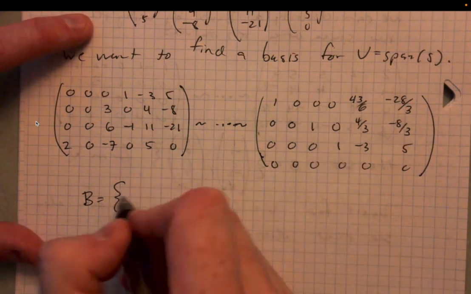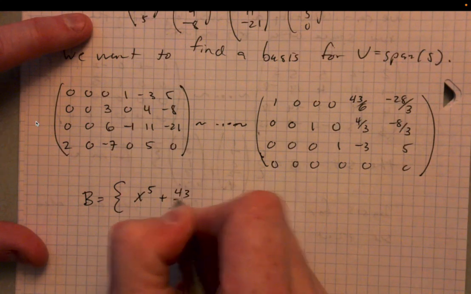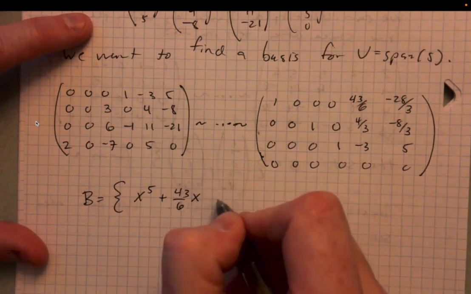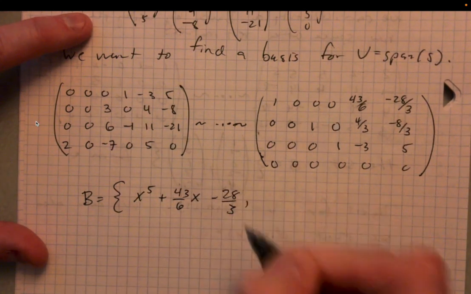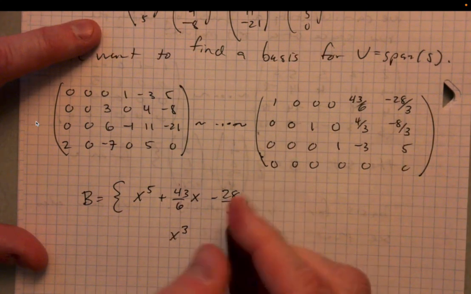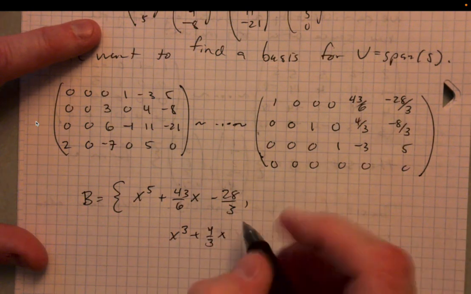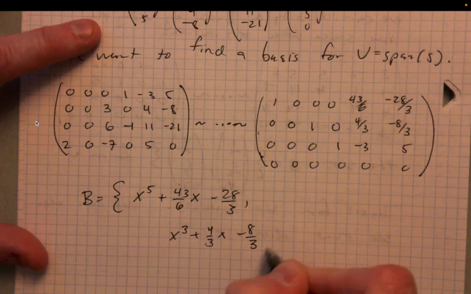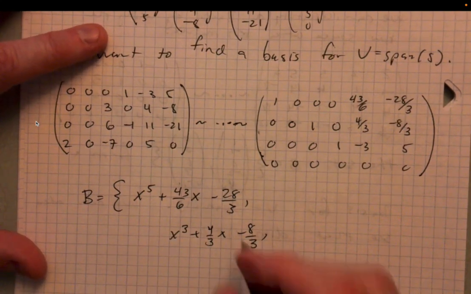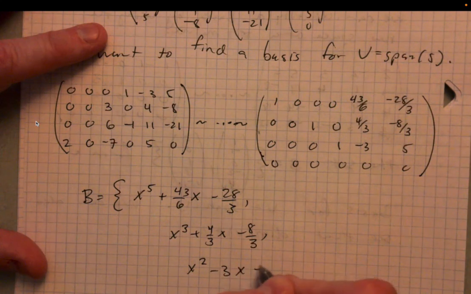So we could write this as x to the 5th plus 43 over 6 x minus 28 over 3. That's the first line. The second polynomial would be x cubed plus 4/3 x minus 8/3. And then the last polynomial would be x squared minus 3x plus 5.